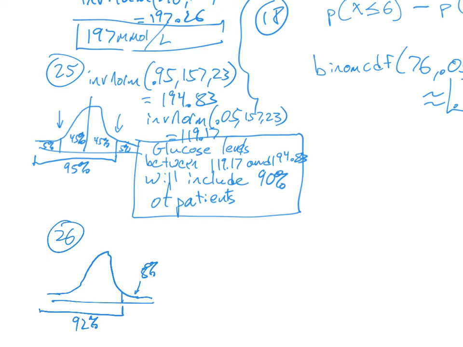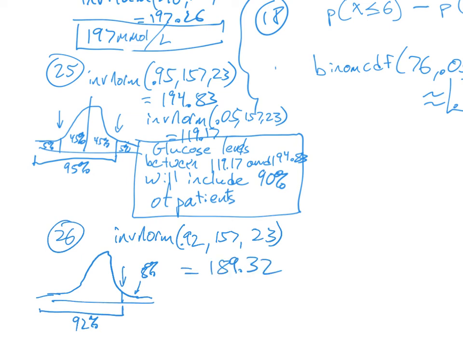So we're just going to do the inverse norm. We want to know if we come 92% up, what will this number be? So inverse norm of 0.92, 157, and 23. And that gives us 189.32.